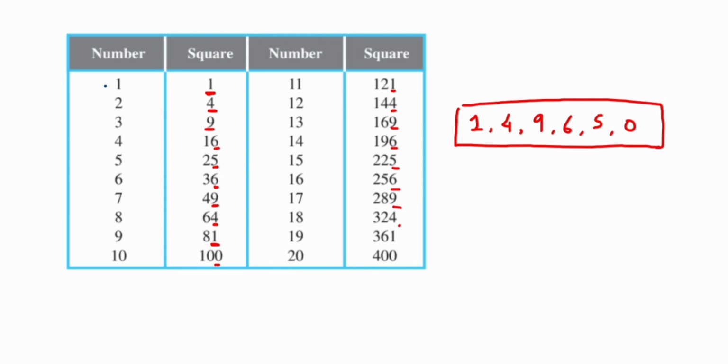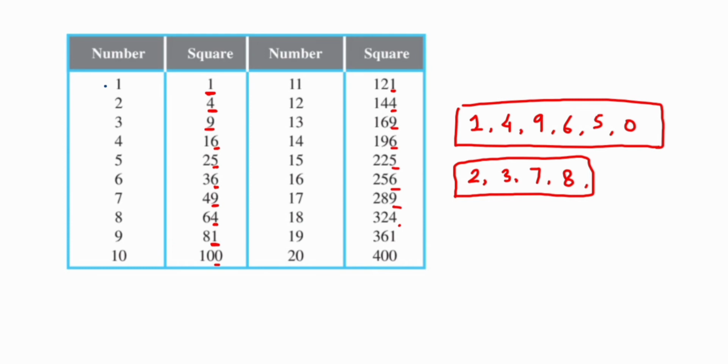Here, 2 is missing, 3 is missing, and we don't have 7, we don't have 8. The square of any number never ends with 2, 3, 7 or 8. So whenever a question is asked in exams, just looking at the number, you can say whether the given number can be a square or not.